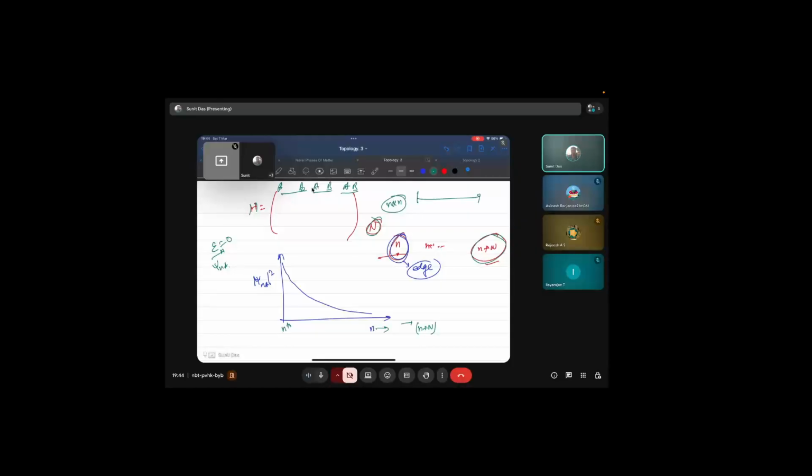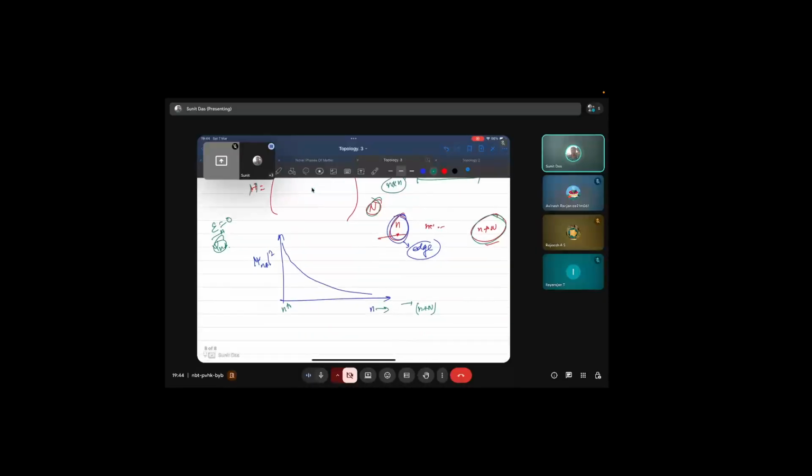Then you can extract the wave function corresponding to energy zero, because that's what we are interested in, the zero mode. And then you plot this wave function against site number. As you increase the number of sites n, how does the wave function behave?